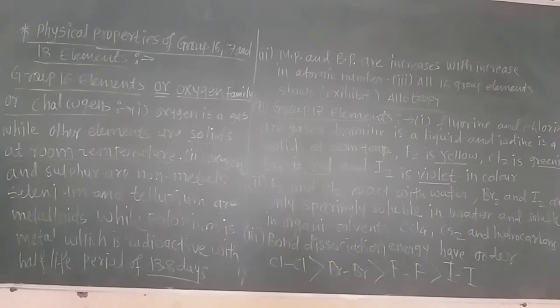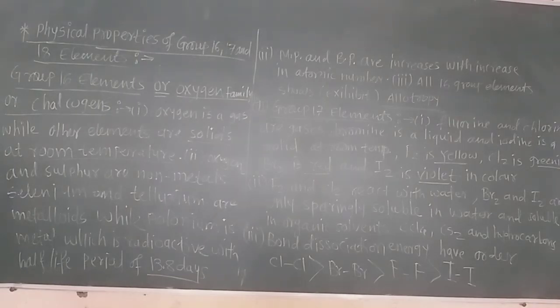Why? The reason is that fluorine has a smaller atomic size than chlorine, and the lone pairs on each fluorine atom in the fluorine molecule are so close together that they strongly repel each other. So repulsion is more in the case of fluorine atoms in the fluorine molecule, and makes the F-F bond weaker than that of the Cl-Cl bond, and thus it requires less energy to break the fluorine molecule as compared to the chlorine molecule.